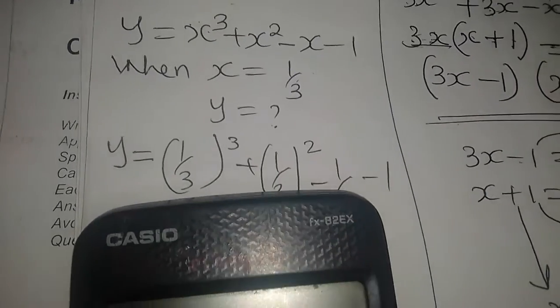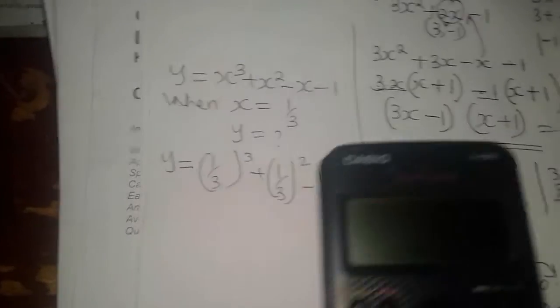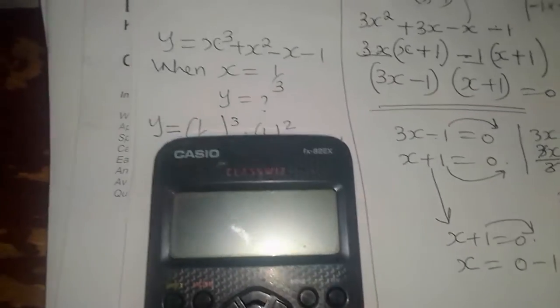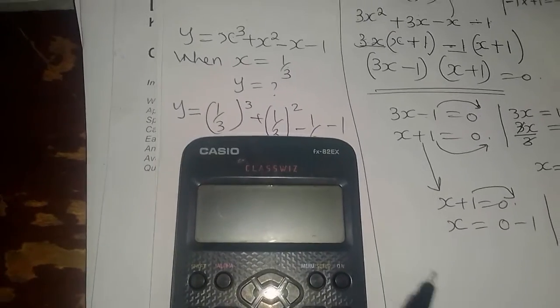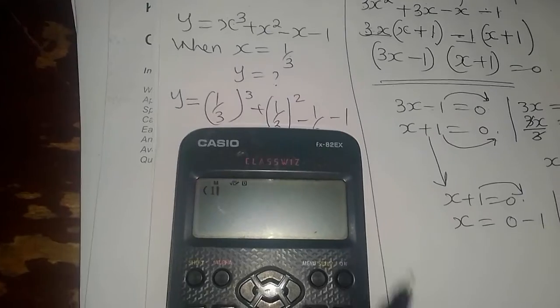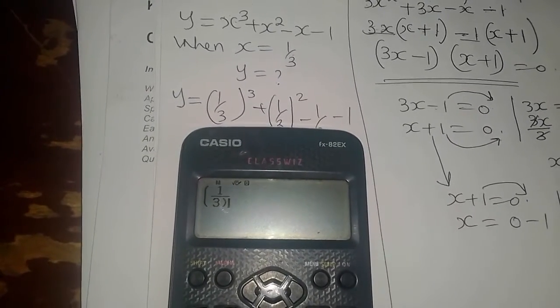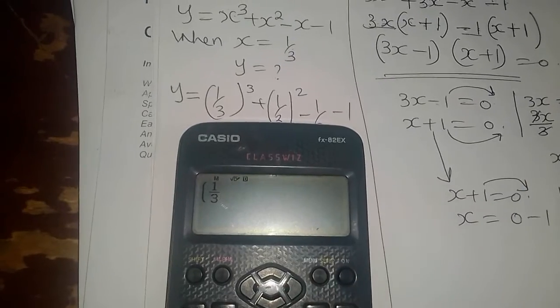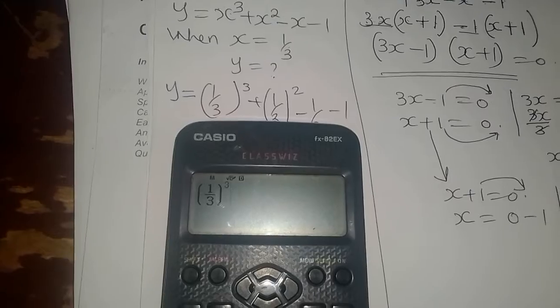So this is my calculator, and what do I have? I'll put it on, and I'll say open brackets 1 over 3, close the brackets, then cubed. Good.